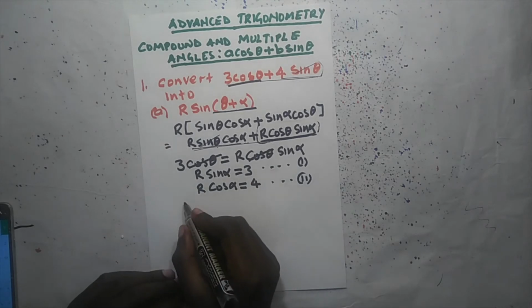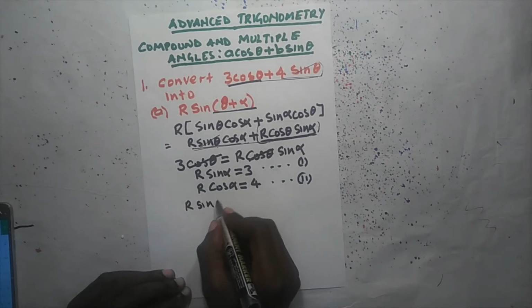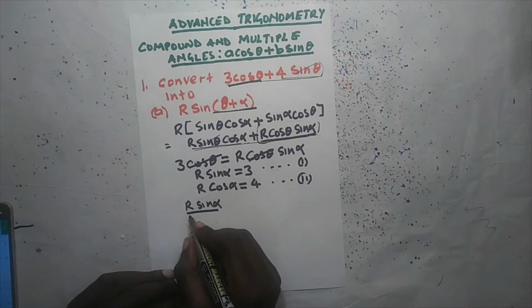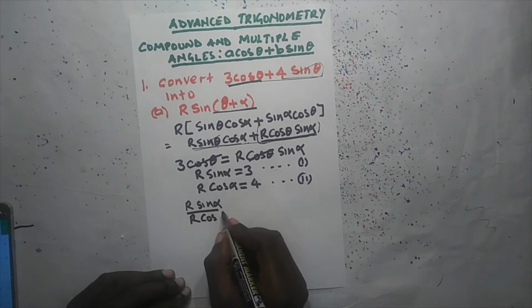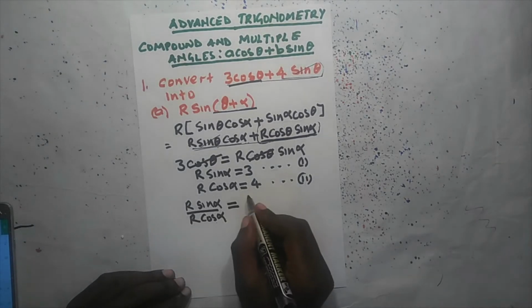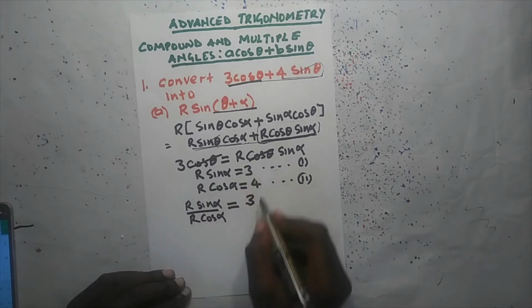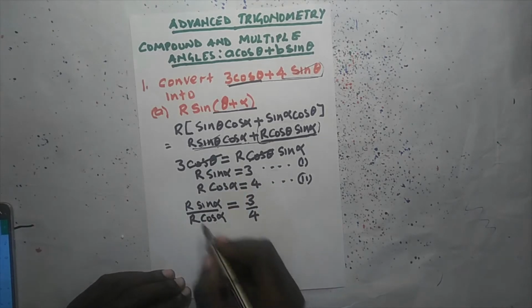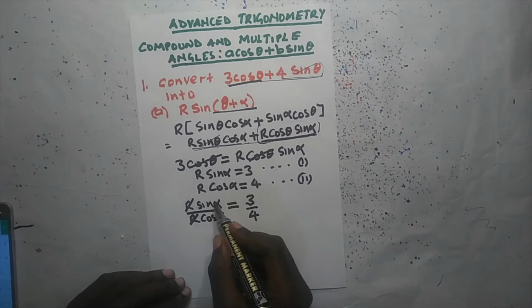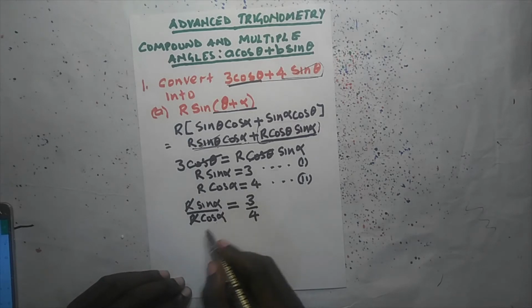So we are going to have r sine alpha over r cos alpha is equal to 3 over 4. When we cancel the r's, we remain with sine alpha over cos alpha, which gives tan.